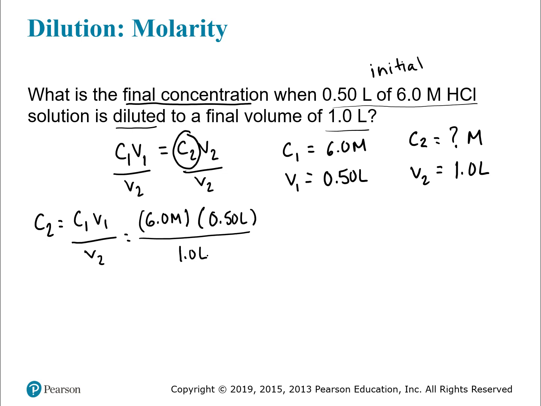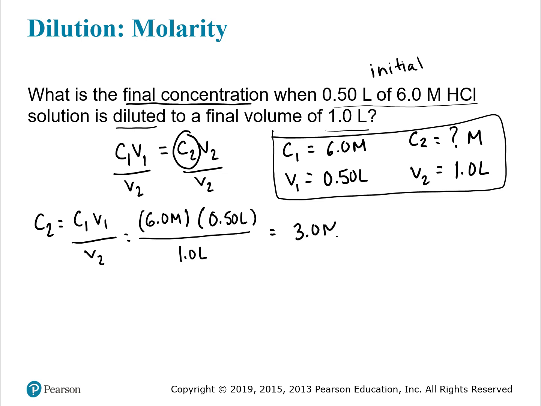Filling in the right numbers in the right place will also get you tripped up. So writing out these variables, making a little table or chart or something, will help you out there too. It's always best to stay organized. When you do the math and you take into account sig figs, which we've only got 2 sig figs here, you should get 3 molar.